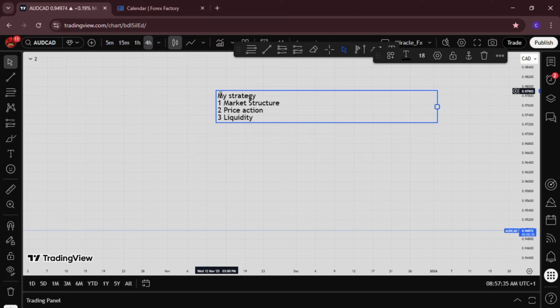In this first one, market structure, I trade based on market structure pullbacks. So this is how my strategy is.